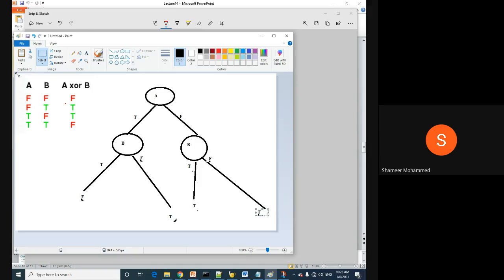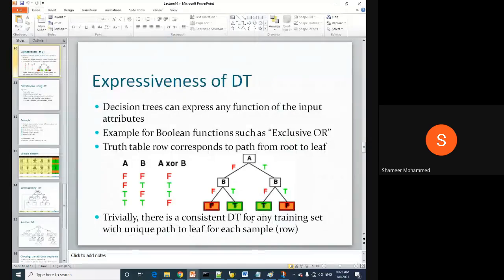This way we can draw the decision tree for this data. So that is what is given to you here.